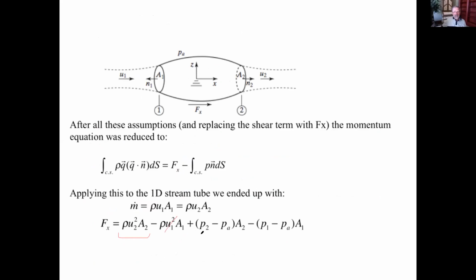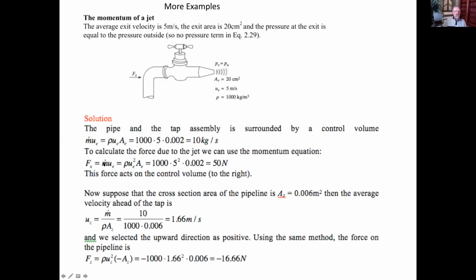The pressure terms are the same, therefore this term is 0. So we end up with only one term. The force is the mass flow rate times U E, or velocity squared, it's 50 Newton.